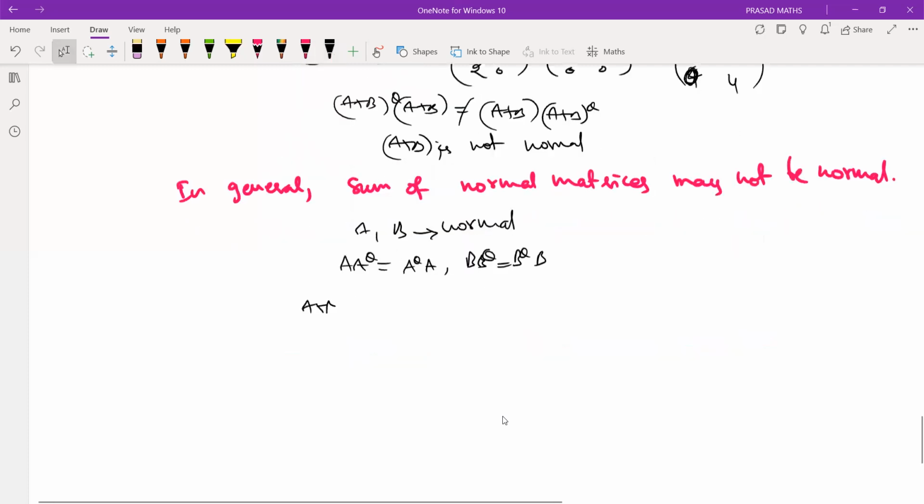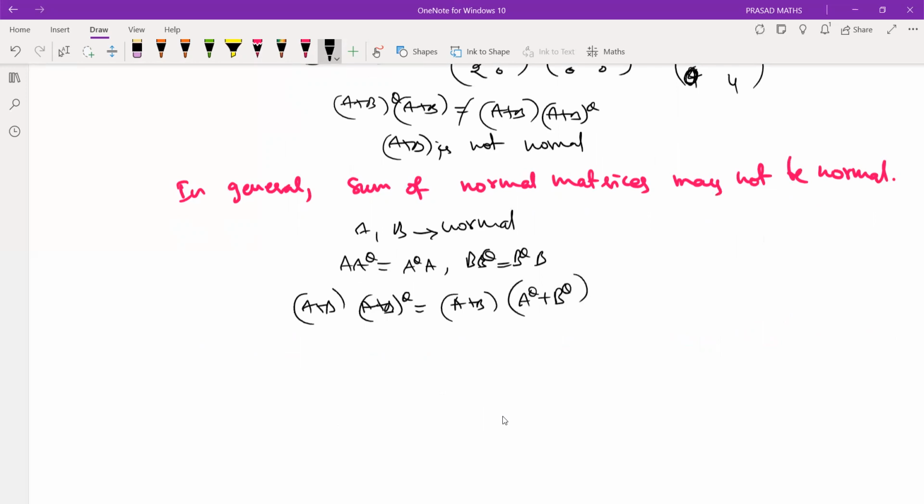A plus B into A plus B theta. Why is the sum not normal? So A plus B theta is A theta plus B theta. That is nothing but A into A theta plus A into B theta plus B into A theta plus B into B theta.